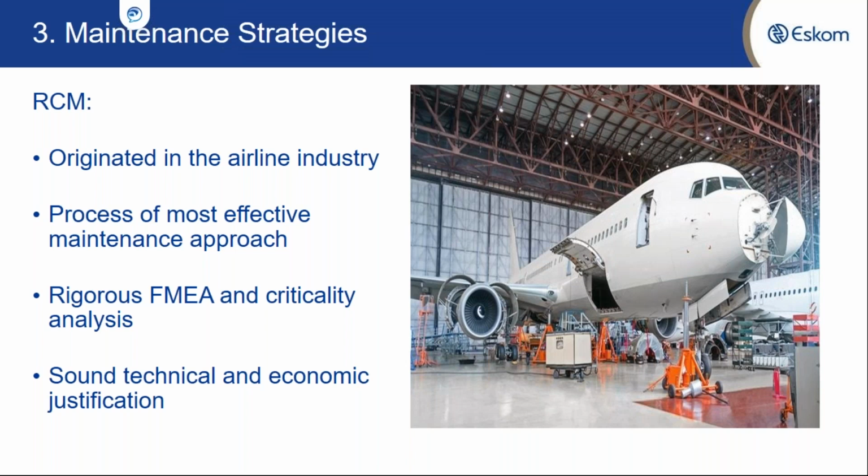We can see the RCM approach as the most effective maintenance approach, which looks at various maintenance options and selects the most optimal method that should be applied. The process itself is rigorous because you have to scrutinize each and every asset, understand how it can fail, and make recommendations that can prevent those failures.